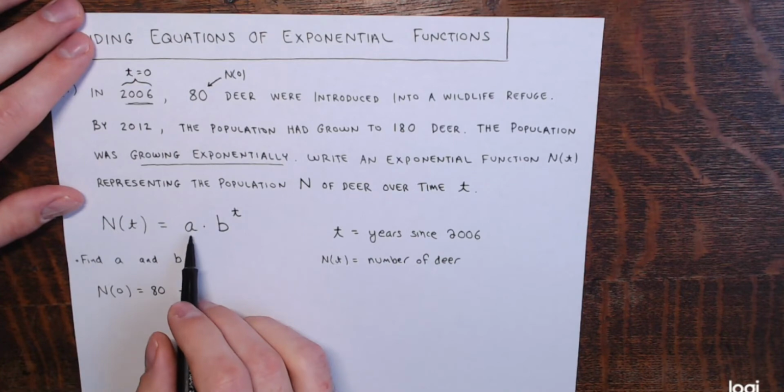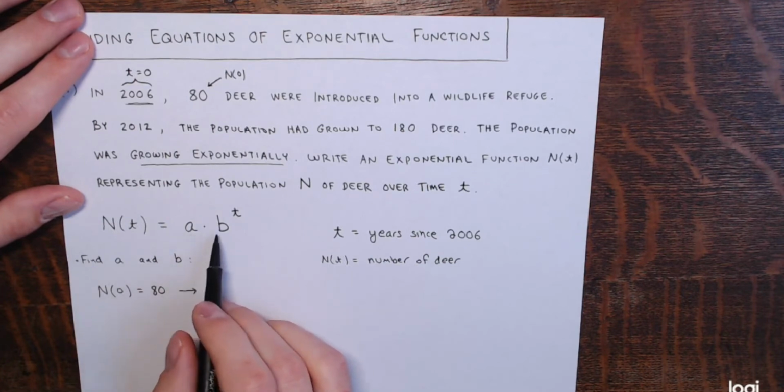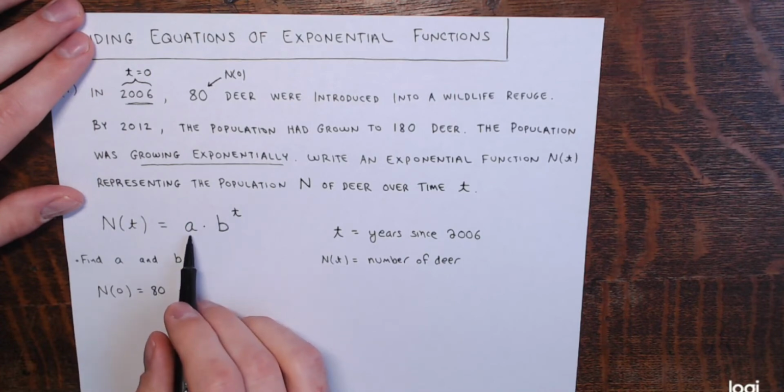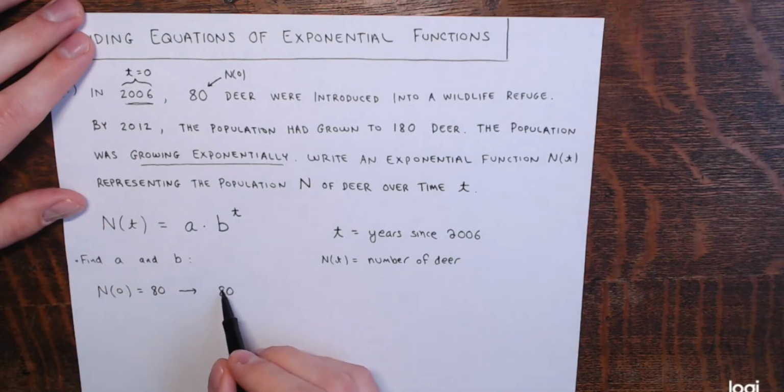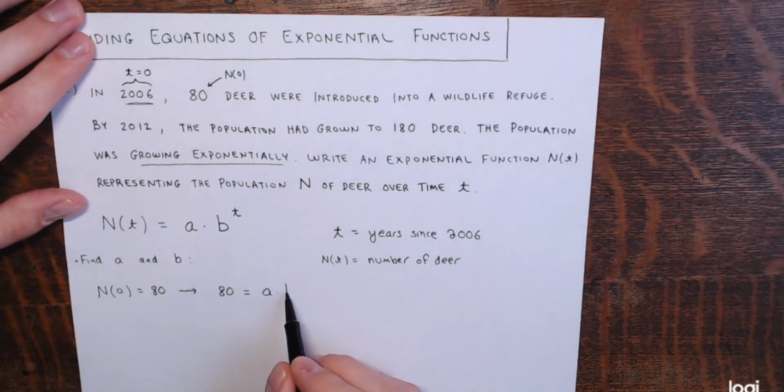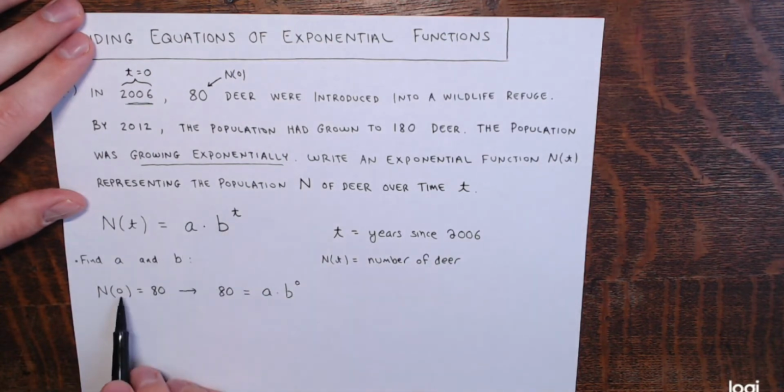Very often a is called the initial value in this exponential model, the initial amount of deer. You're going to see that a is 80. I'd have 80 on the left side, that's the value of n, equals a times b to the 0 power, since t is 0 and n is 80.